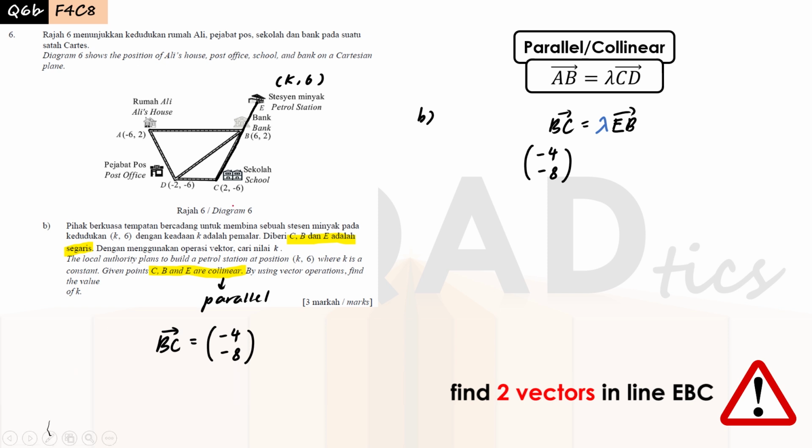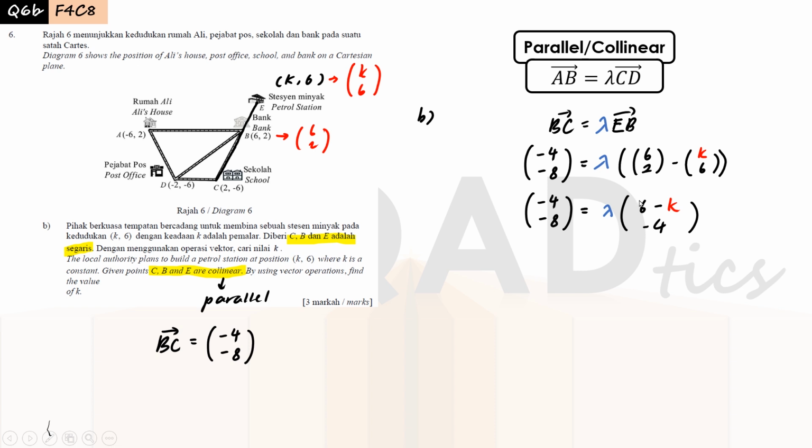Which is to find the column vector of the endpoint, which is B, which is 6, 2, minus the column vector of point E, which is k6. Right? So it will be something like this. Then I simplify. So now what I can do is compare the values above and compare the values below to form two equations.